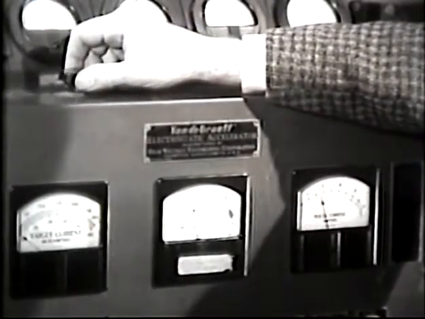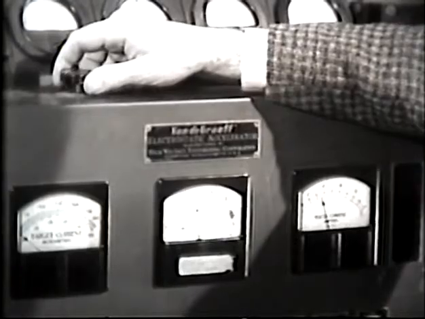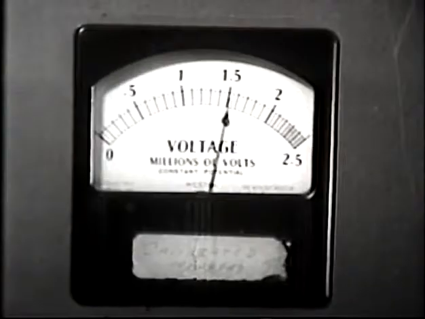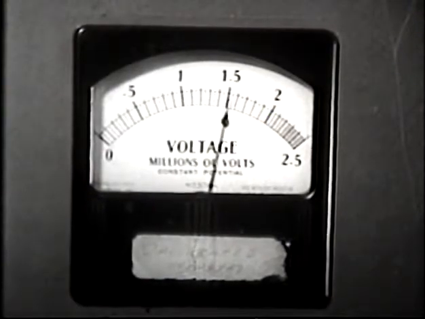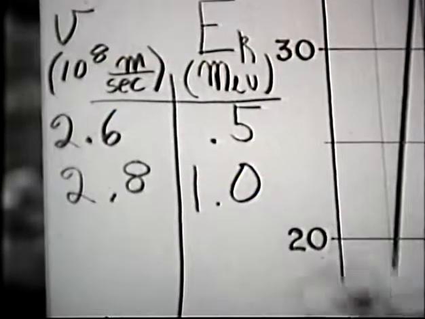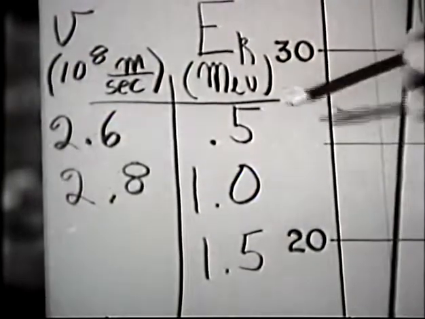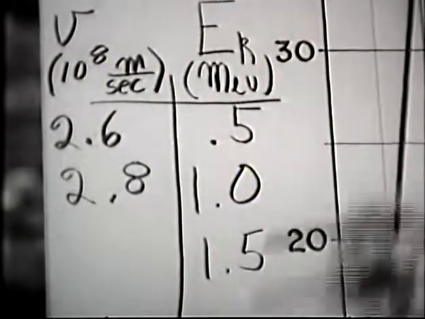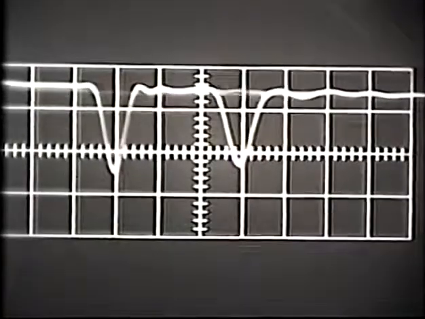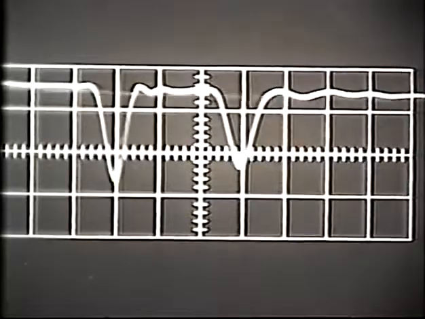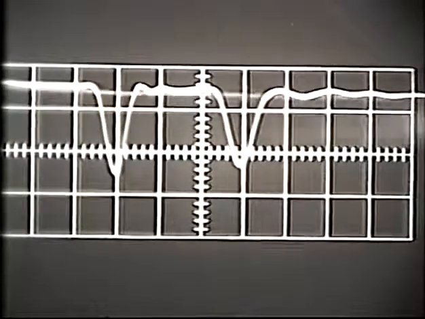We need more data to see what's going on. We'll push the Van de Graaff up as high as we can make it go. It reads 1.5 million volts. The kinetic energy will now be 3 times what it was in our first run. This time, both pulses lie a little to the left of the large division lines, the right-hand pulse even more so than the left.